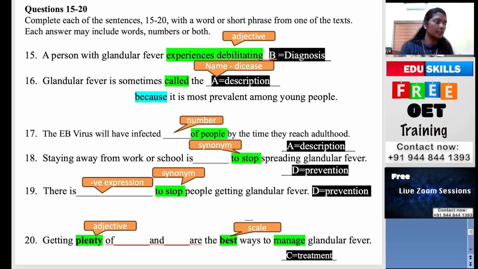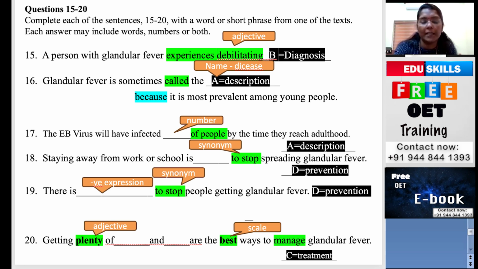Then the 18th one. Staying away from work or school is dash to stop. Instead of staying away from work or school, we can see the synonymous expression, taking time off work or school, is a dash.